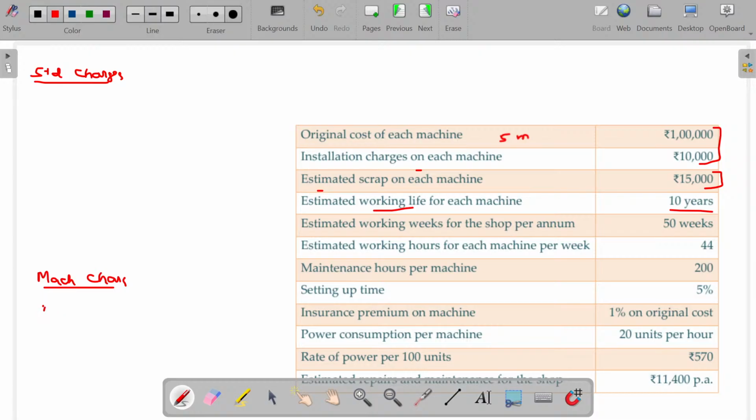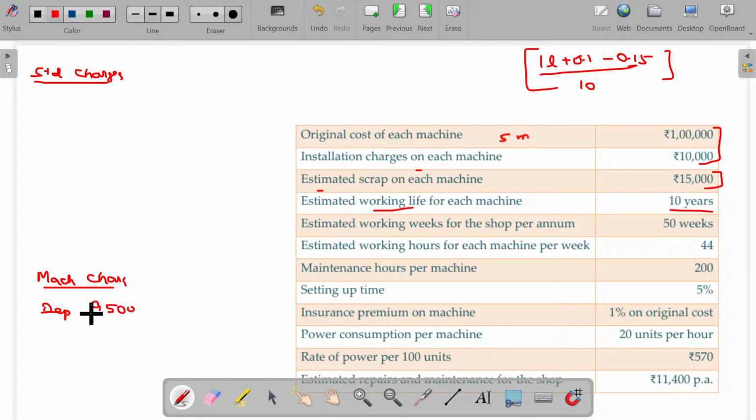So here, depreciation. How much is the depreciation? 1 lakh plus 10,000 minus 0.15 scrap, divided by 10 years. Per machine value we get 9,000.